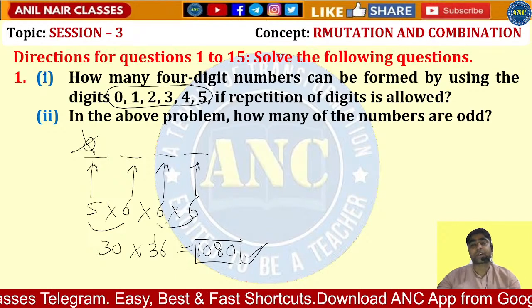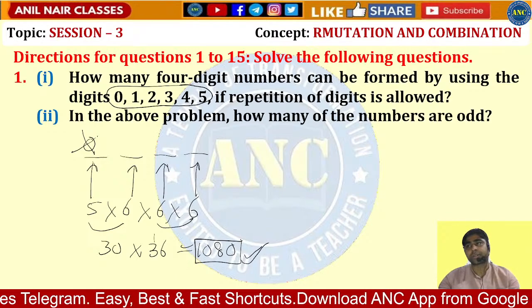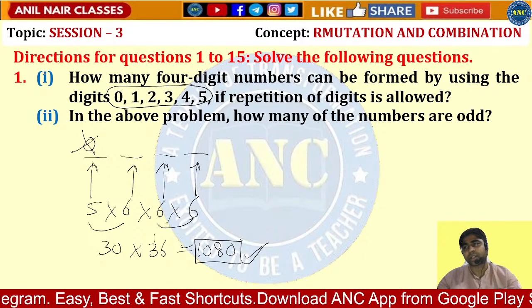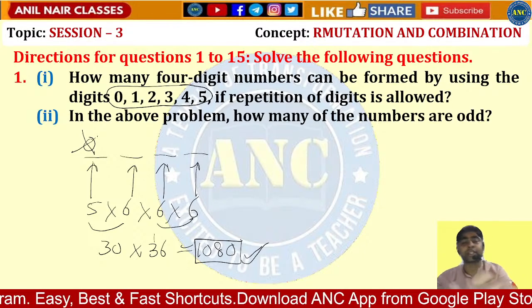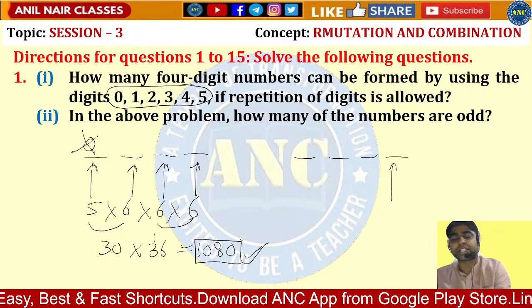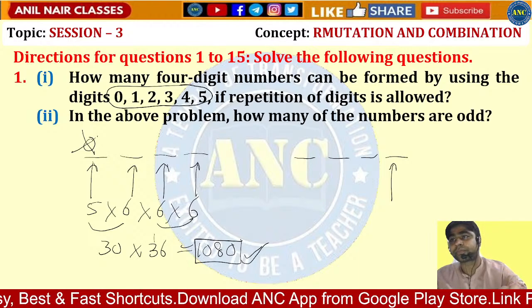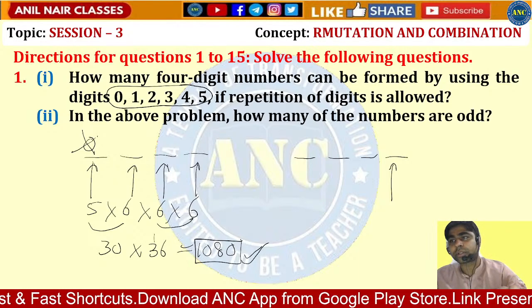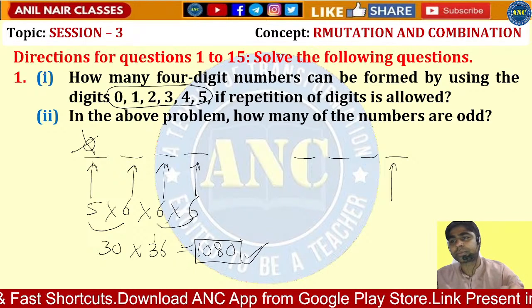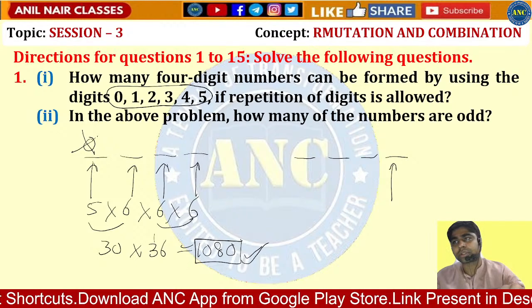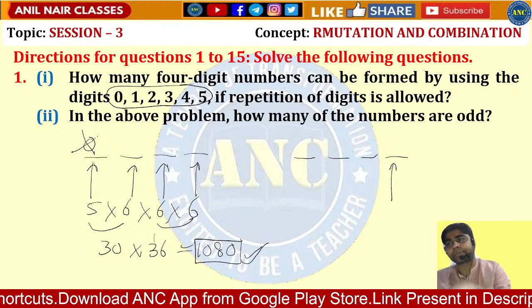In the above problem, how many of the numbers are odd? How many of the numbers are odd? Now, for a similar kind of concept, in this place, what all can I keep?